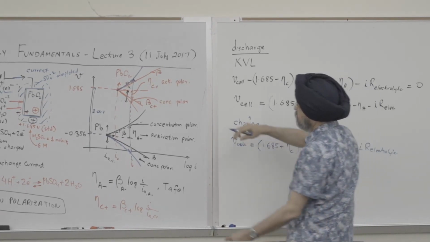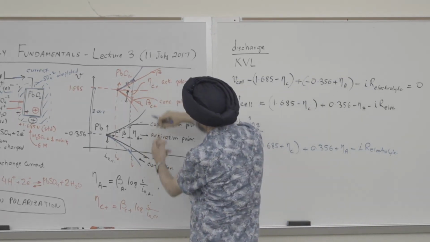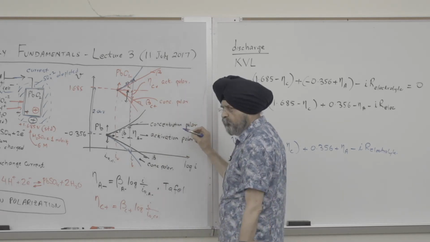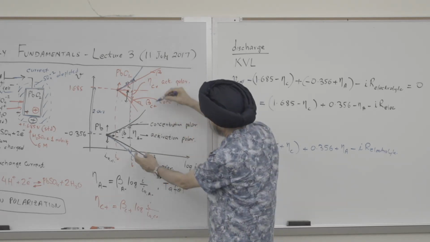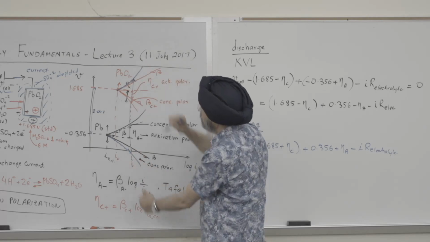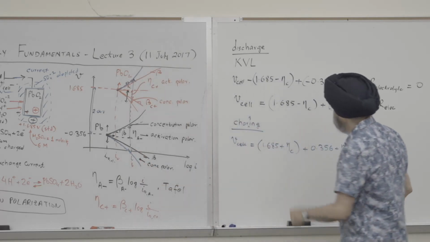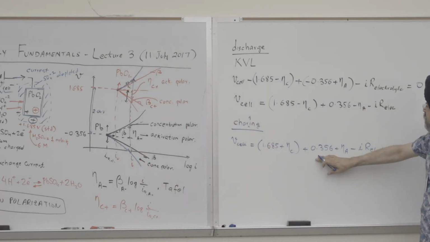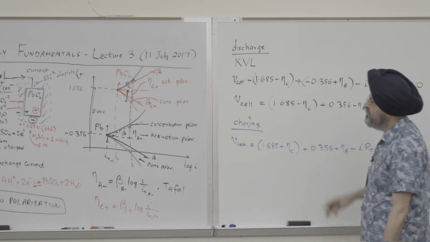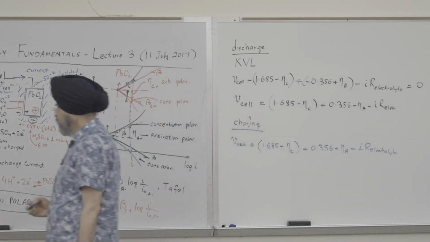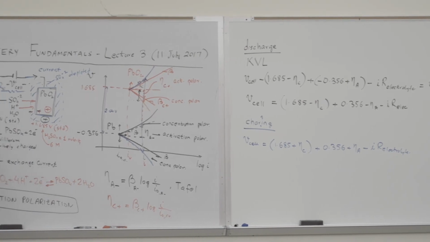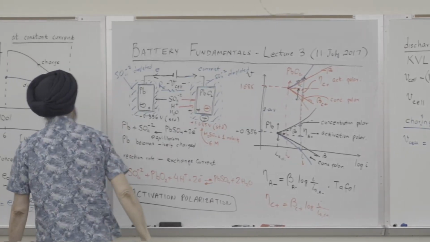So notice before we were subtracting the concentration polarization and activation polarization, now during charging we're adding it. So the voltage of the cell during charging is more than during discharging. So that explains why we have this increase in the voltage.